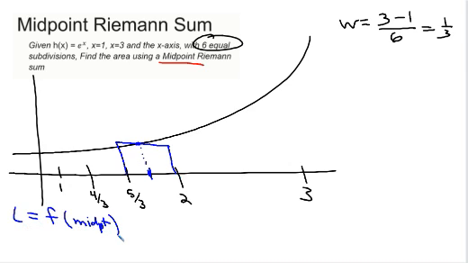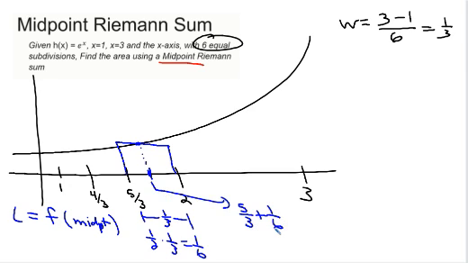All right, so what is that midpoint? Okay, well, this distance in here we know is 1/3. All right, and I think we know that half of 1/3 is 1/6. So that means this midpoint right here is going to be 5/3 plus 1/6, which is like 10/6 plus 1/6.